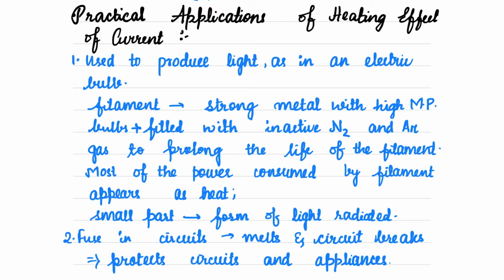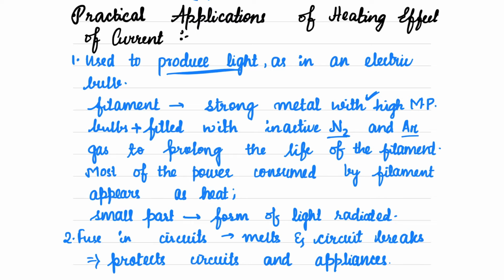Now let us discuss the practical applications of the heating effect of current. The first practical application is that it is used to produce light, as in an electric bulb. Now we know that the filament of a bulb is made up of a very strong metal which has a high melting point, like tungsten, and these bulbs are filled with inactive nitrogen and argon gas so as to prolong the life of the filament.